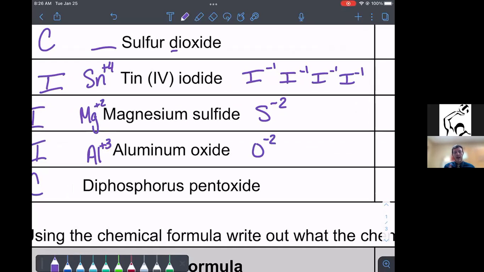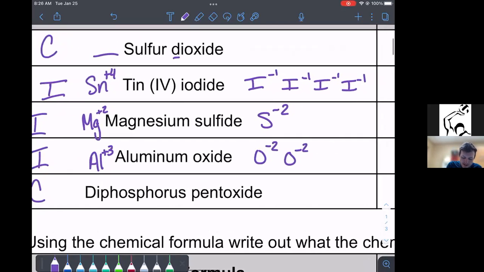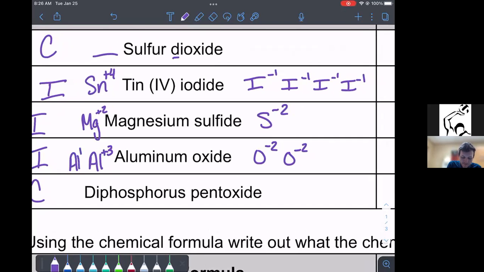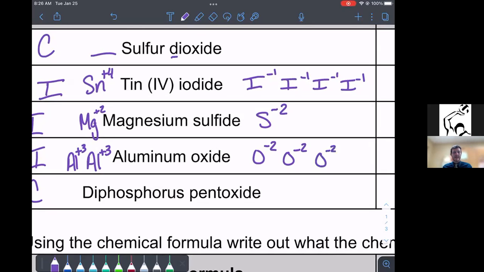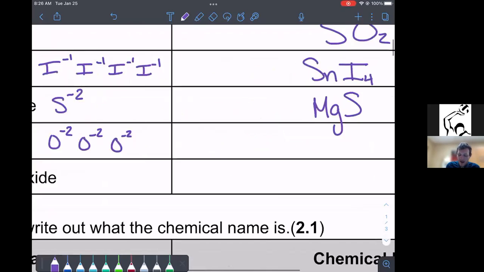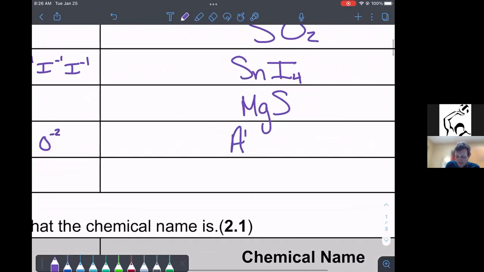Those charges don't add up to 0, so we have to keep adding to both sides because this is now 3 - 4, so now we have to add more positive, so we add another aluminum. And now it's 6 - 4, so now we have negatives to add. And now it's 6 - 6, so the charges add to 0. So we have Al2 for 2 aluminums, O3 for 3 oxygens.